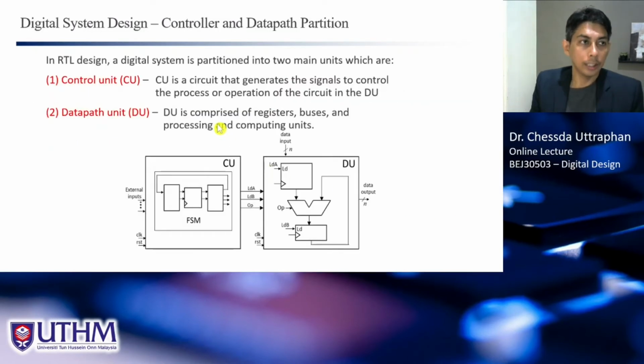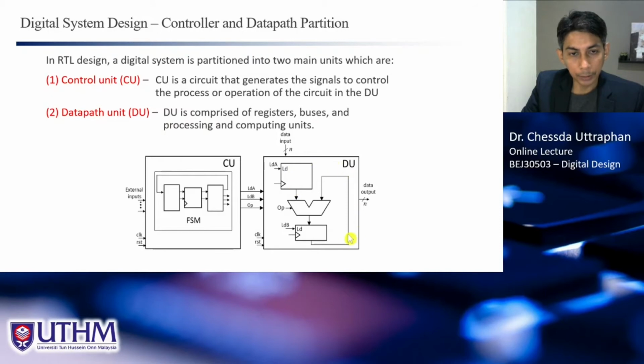Okay, so to design a complete digital system, normally we will have two very important components. First is what we call the data path. We look at the data path first.